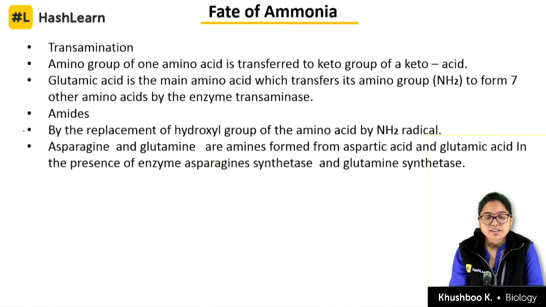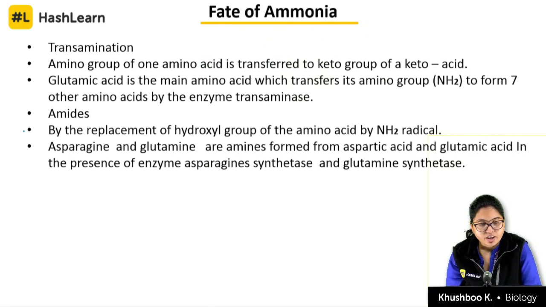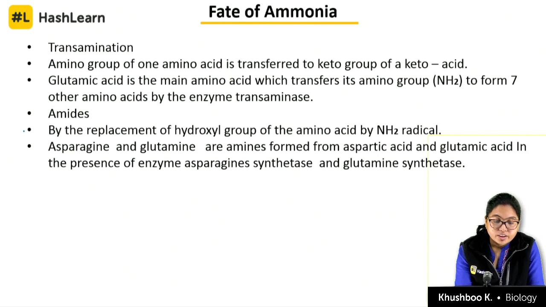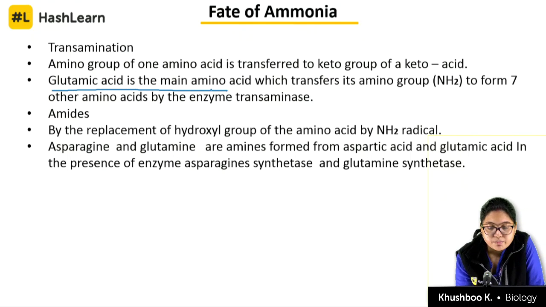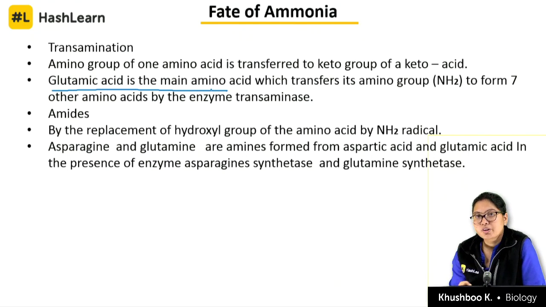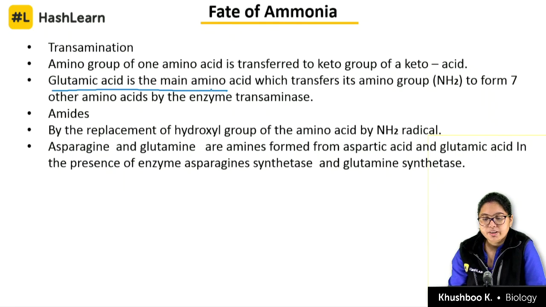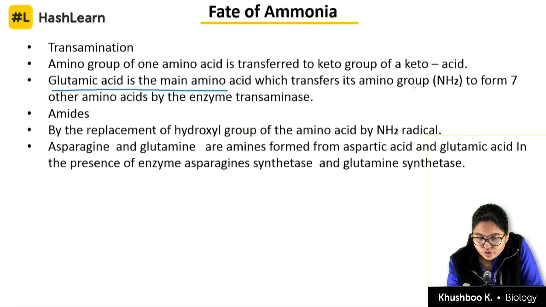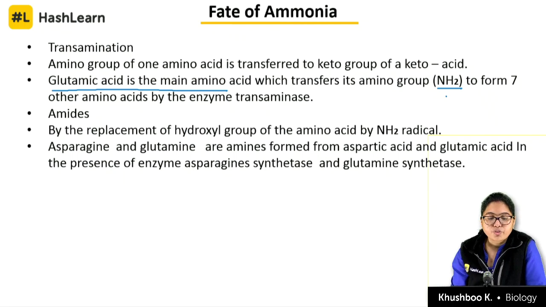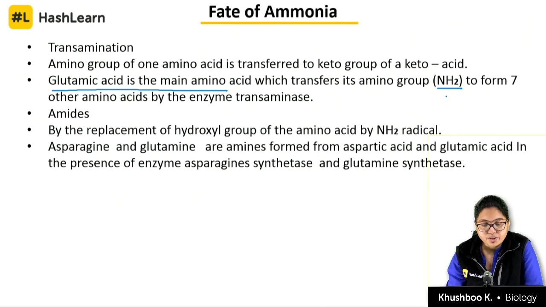The other way is transamination. In transamination, the amino group of one amino acid is transferred to the keto group of a keto acid. Here glutamic acid is the main amino acid which transfers its amino group, to form other different kinds of amino acids.